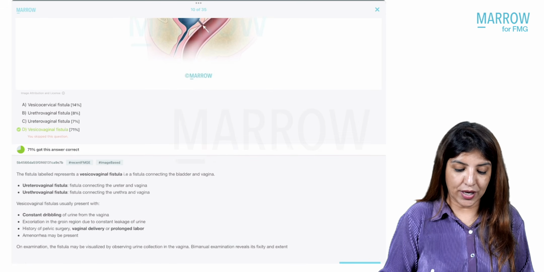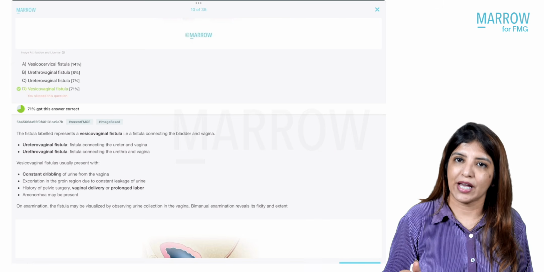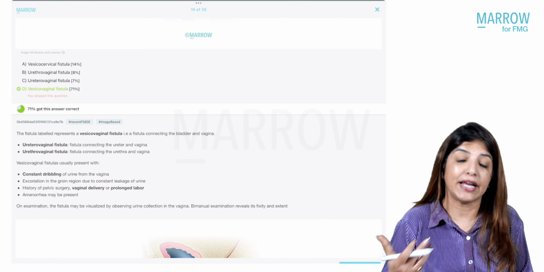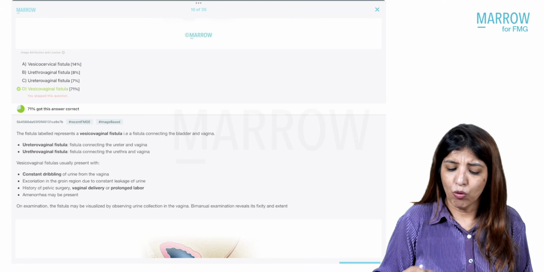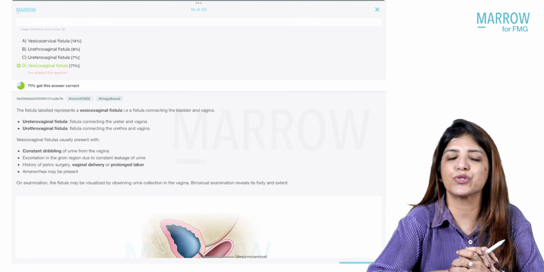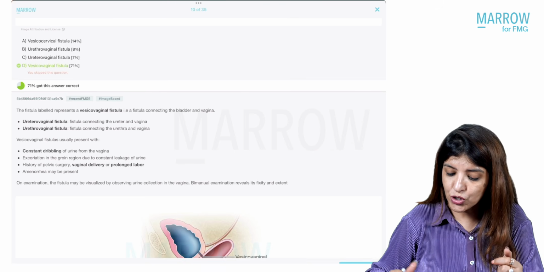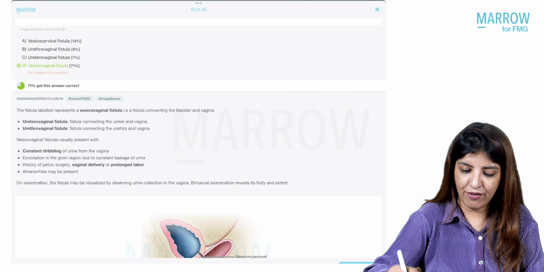Yes. Now as you can see over here, they have given you details about vesicovaginal fistula, that what complaint the patient is going to come to you with. You tell me, what do you think a patient of vesicovaginal fistula is going to come to you with? How is she going to present to you? So over here, I have a bladder.